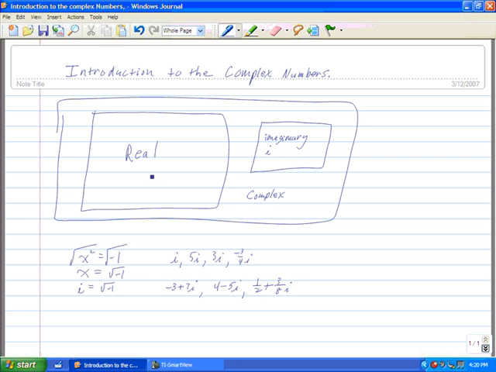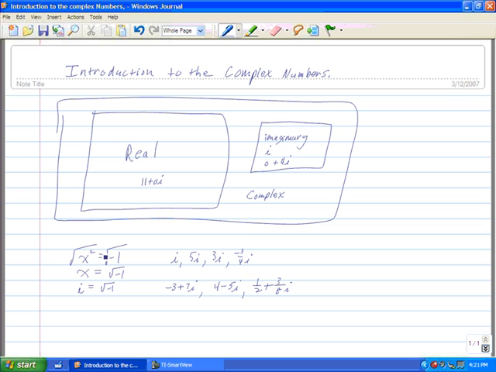So technically, all of your real numbers are also complex numbers, because if you pick any real number like 11, it can be written as 11 plus 0i. All of your imaginary numbers are complex as well, because you could write it as 0 plus 4i. A lot of times I'll refer to your purely real numbers or your purely imaginary numbers as meaning having this 0 component. But again, in reality, the real and the imaginary are a part of the complex numbers.